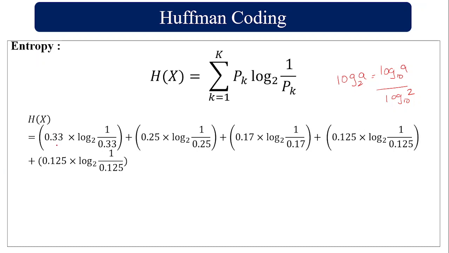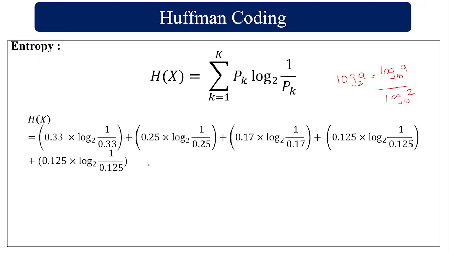That is 0.33 into log of 0.33 inverse, plus 0.25 into log of 0.25 inverse, plus 0.17 into log of 0.17 inverse, plus 0.125 into log of 0.125 inverse, plus 0.125 into log of 0.125 inverse, equal to. You'll get a value.